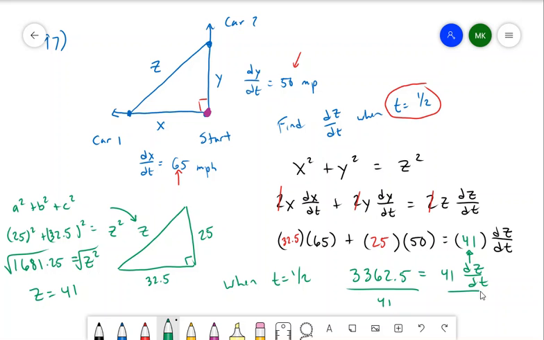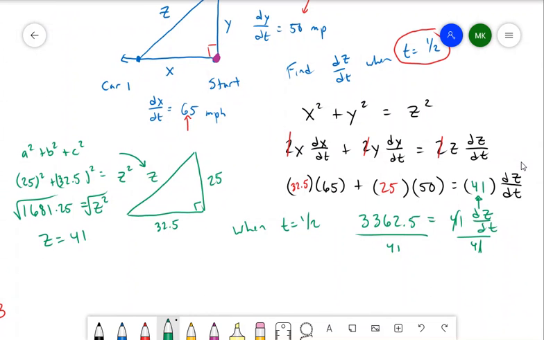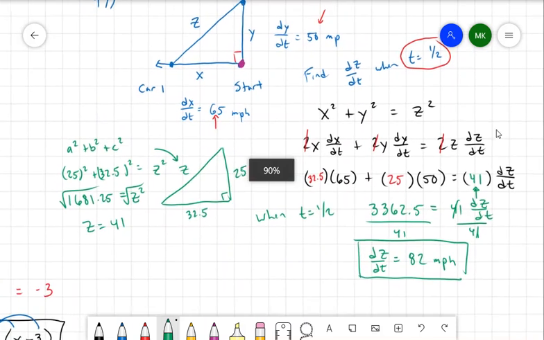Divide both sides by 41, and that gets you the final answer. So dz/dt ends up being pretty close to 82. I got 82.01, so I'll call it 82. And that would also be in miles per hour, because that's a linear distance again, so it's the same units that dx/dt and dy/dt were in.